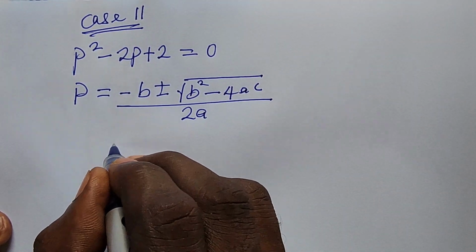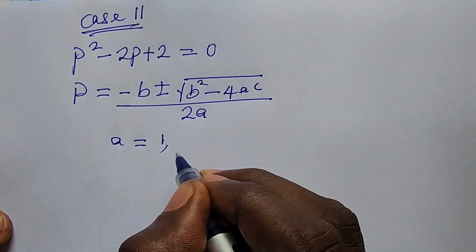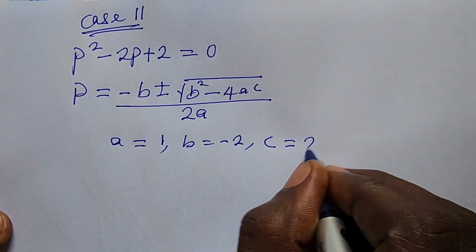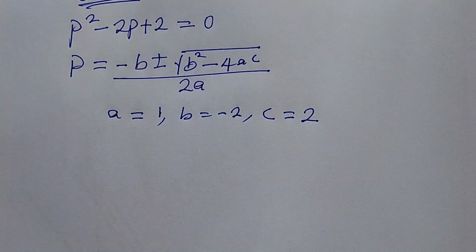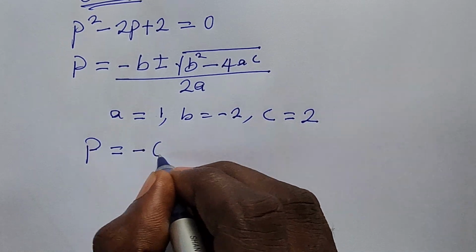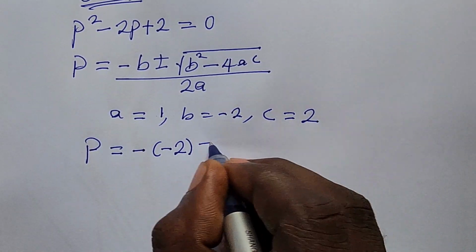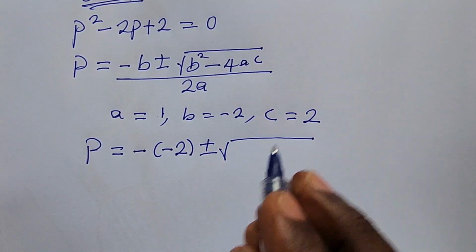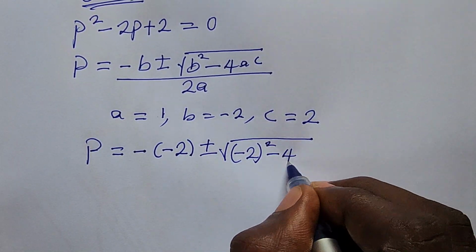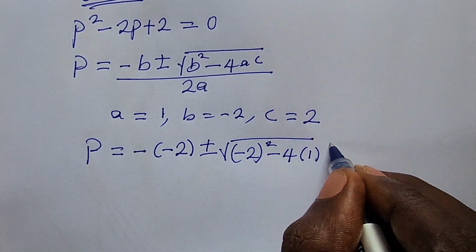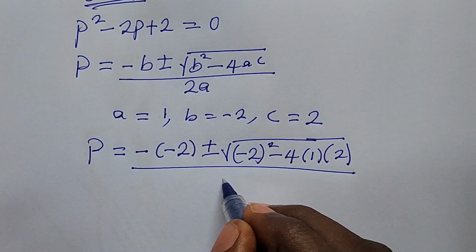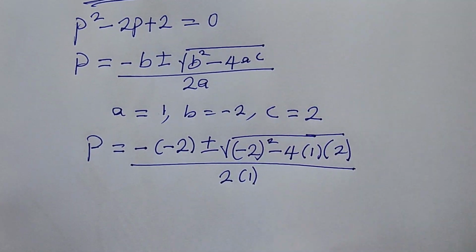So let's bring out our values. From the equation, a is equal to positive 1, b is equal to minus 2, and c is equal to positive 2. So let's quickly substitute into our formula. So we have P will now be equal to minus bracket minus 2 close bracket plus minus the square root of minus 2 squared minus 4 bracket 1 bracket 2, everything all over 2 bracket 1.